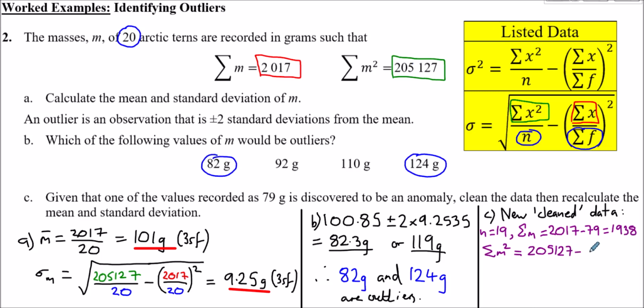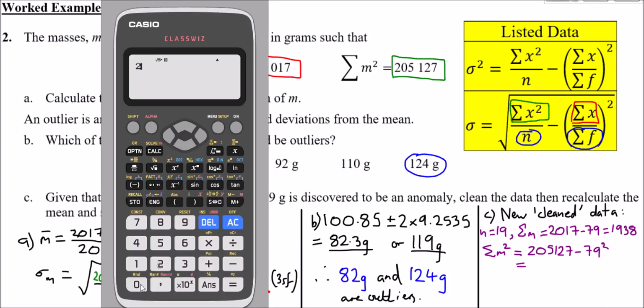Now, not minus 79, but we're going to minus 79 squared. So 205127 minus 79 squared. That gives us 198886.